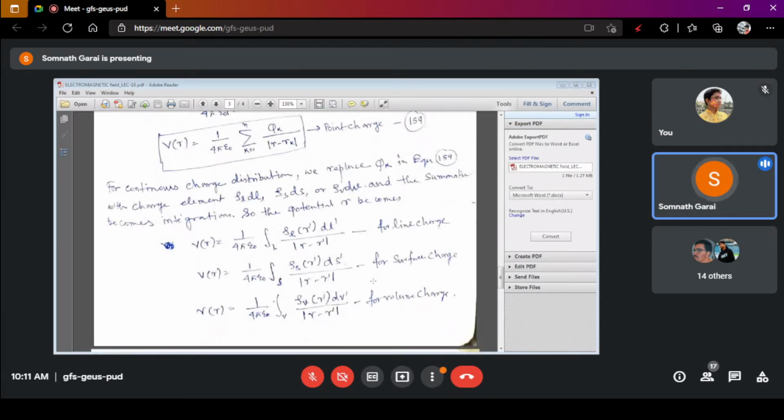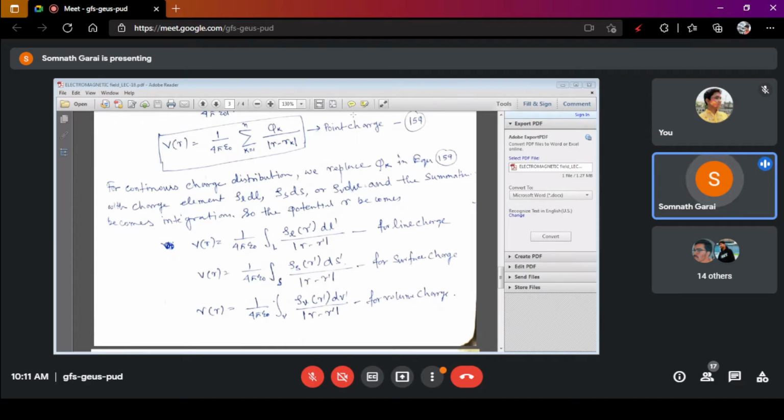Now, for continuous charge distribution, this equation for point charge will be converted to another equation if it is a line charge, a surface charge, or a volume charge.